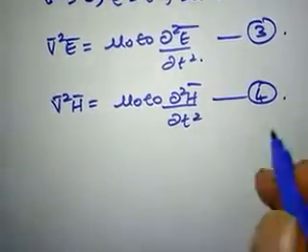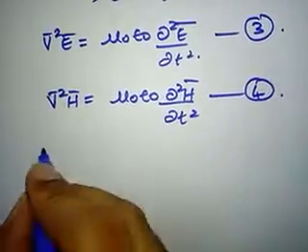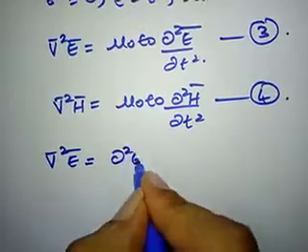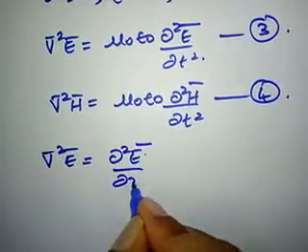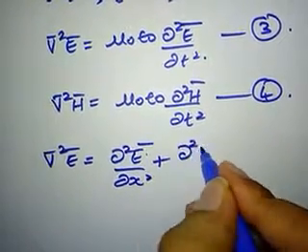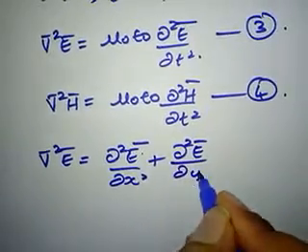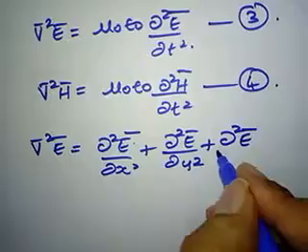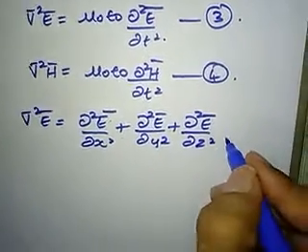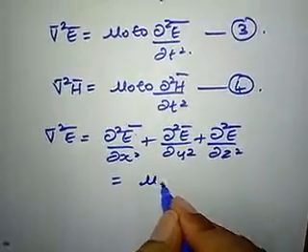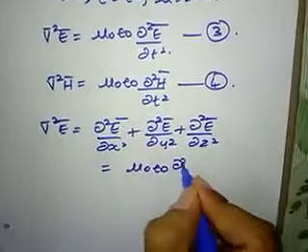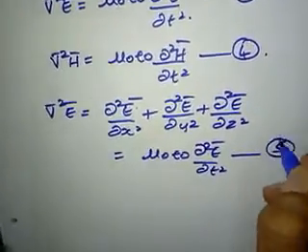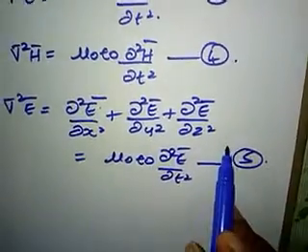Consider equation 3. I can write it as del square E bar is equal to dou square E bar upon dou x square plus dou square E bar upon dou y square plus dou square E bar upon dou z square, which is equal to mu naught epsilon naught dou square E bar by dou t square. That is expressed in terms of x, y and z.